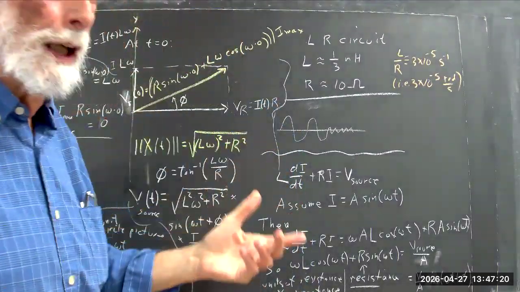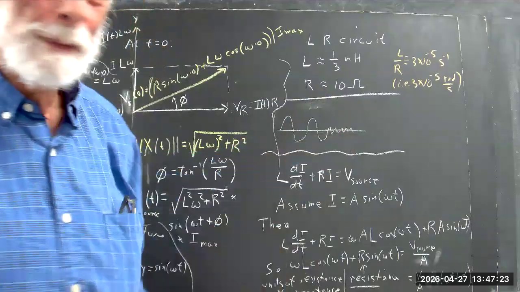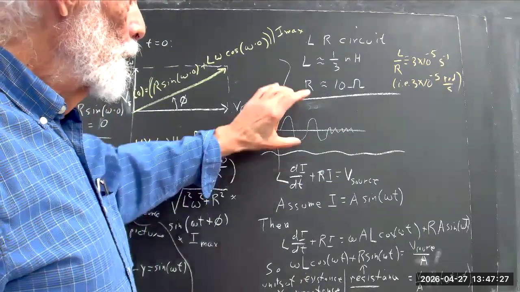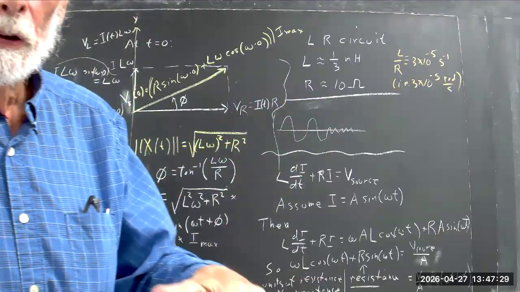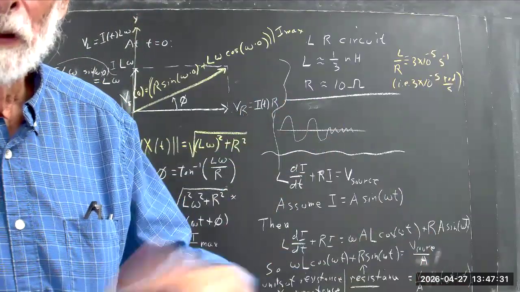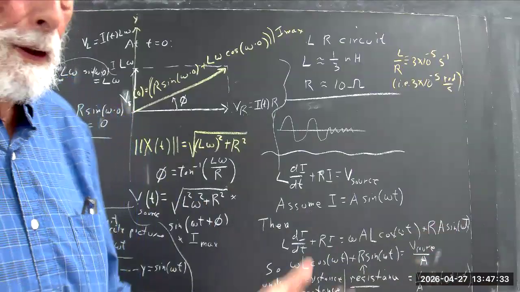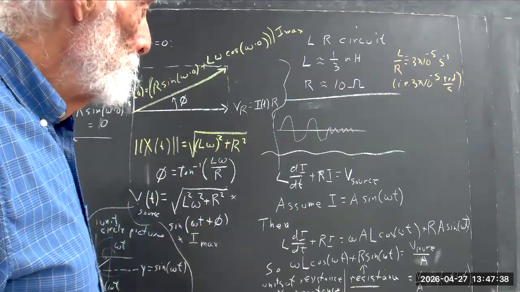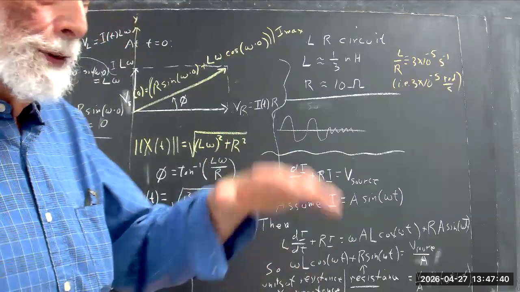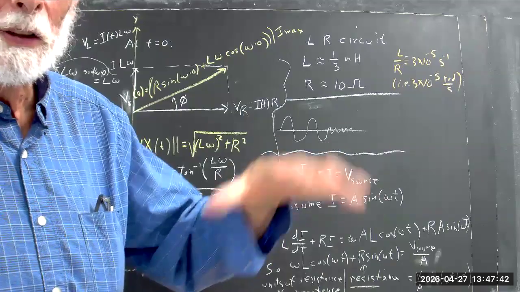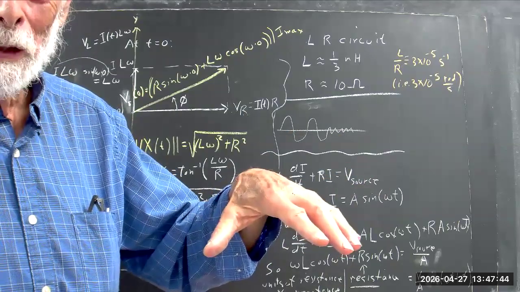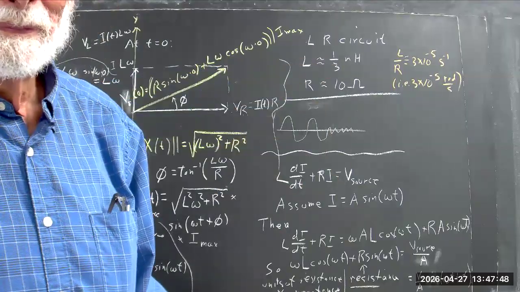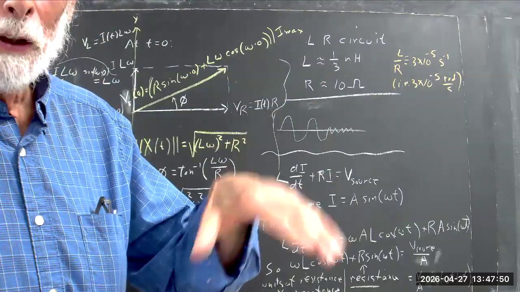If you have a mechanical oscillator that does this, you could have a decrease in amplitude for a given rate of energy input, because you have something mechanical that doesn't want to change direction very fast. Now, if you get a high inductance, it doesn't want to change direction very fast.